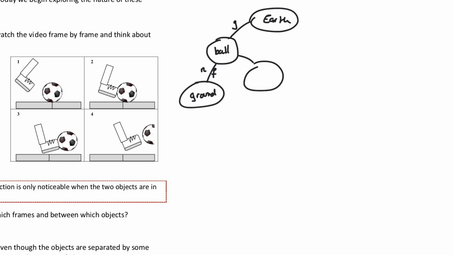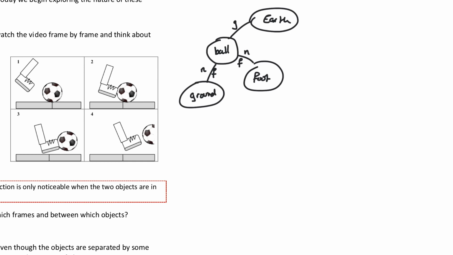And there's also the foot. And the foot is kicking it. So there's a contact force, and whenever there's a contact force, which comes from a touch, and it's not a string or a spring or a tension force, then there's always a normal and frictional force. So the normal force is going perpendicular to the two surfaces, and frictional force is going parallel.